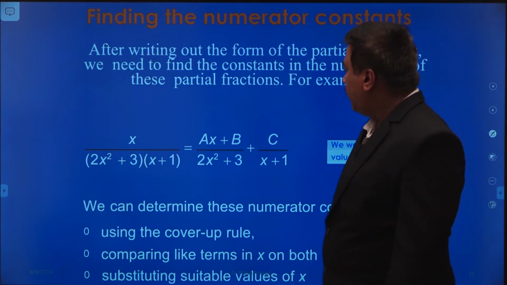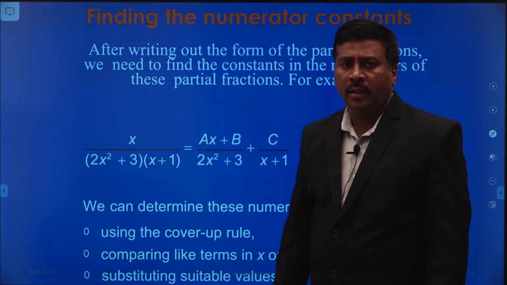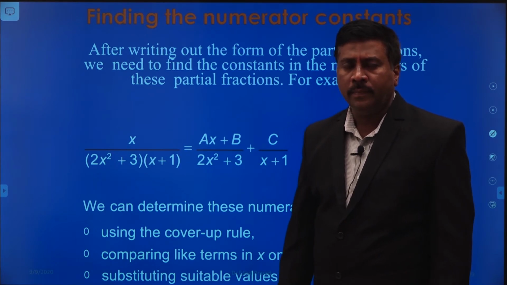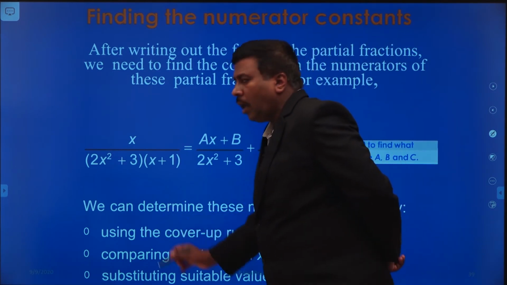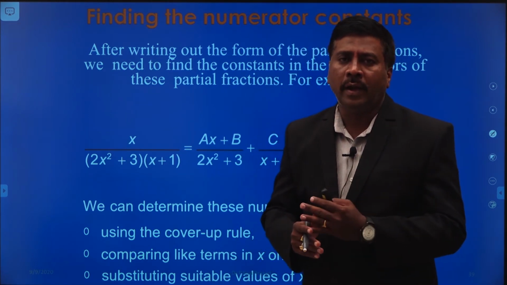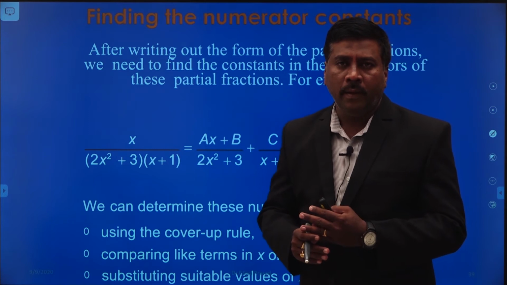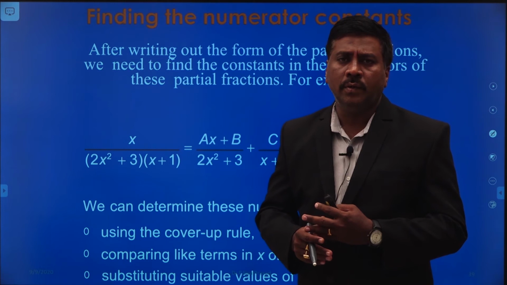So in that, we have to apply the method of comparing the coefficients of equal and like terms. This technique I have to apply, and that is the actual procedure, actual process also.